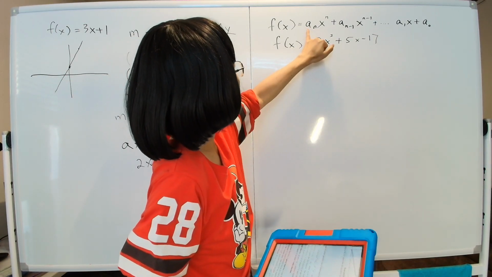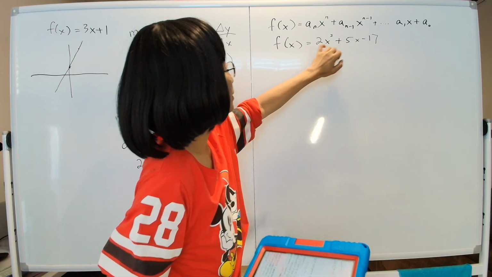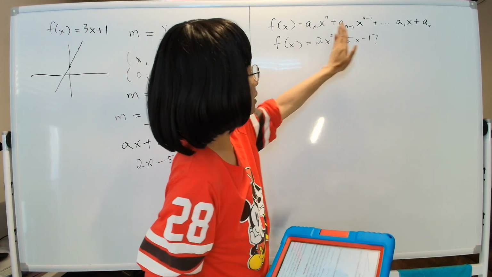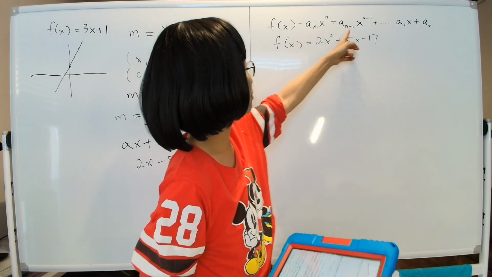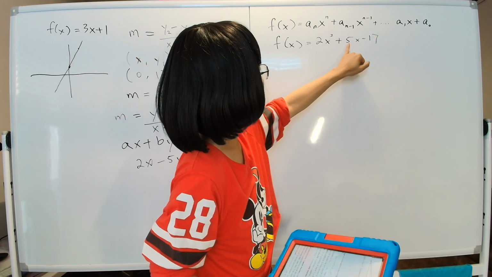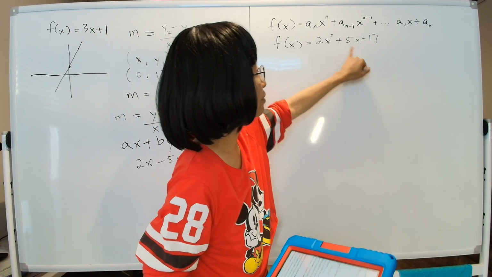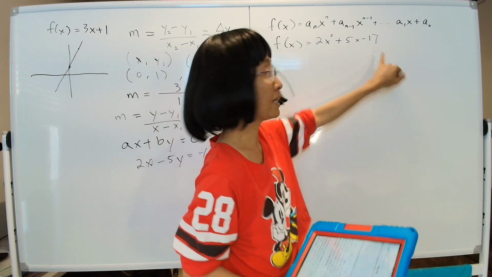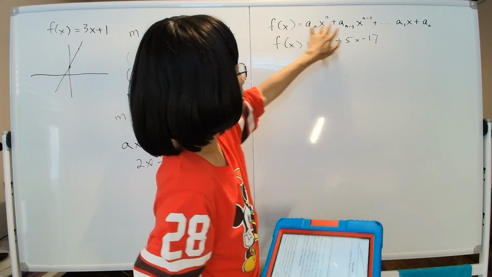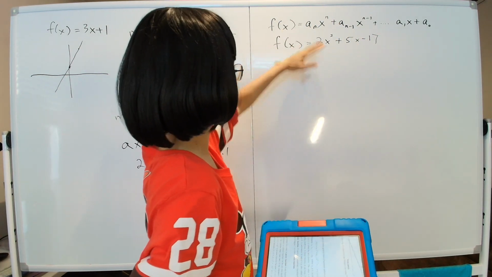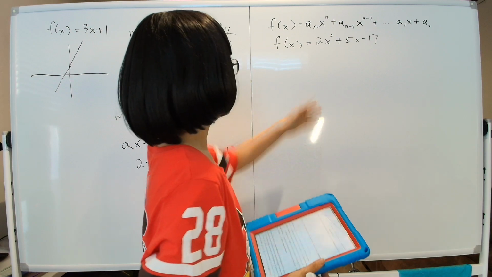And so a2 is 2, and then it goes down by 1 at a time, so it goes to n minus 1. Then this is a1, which is 5, and then a0 is minus 17. So this is just a shorthand that represents all polynomials of any power.